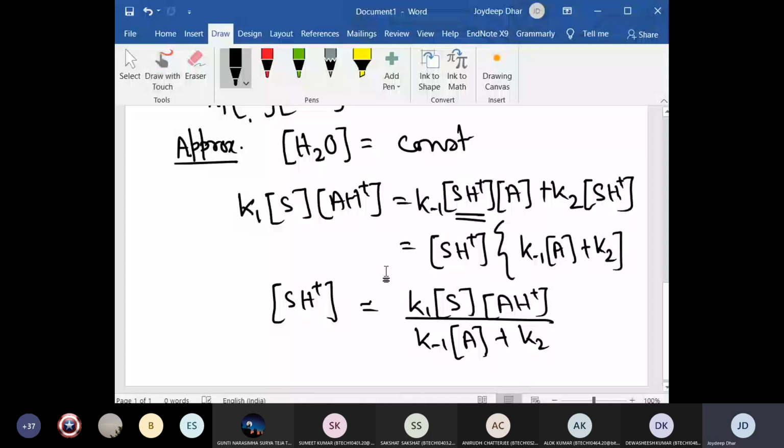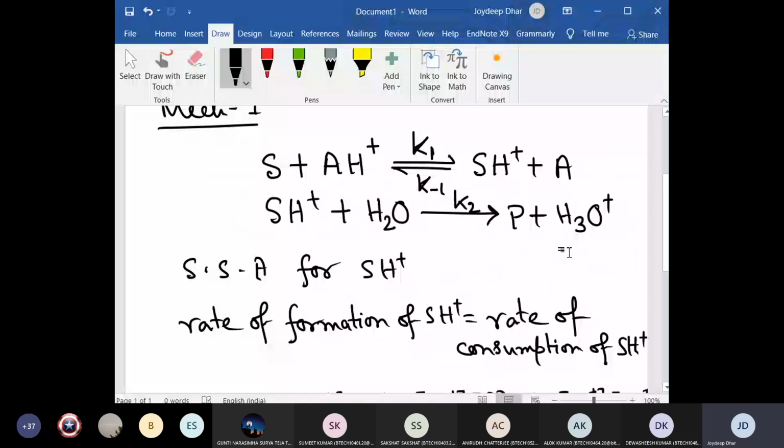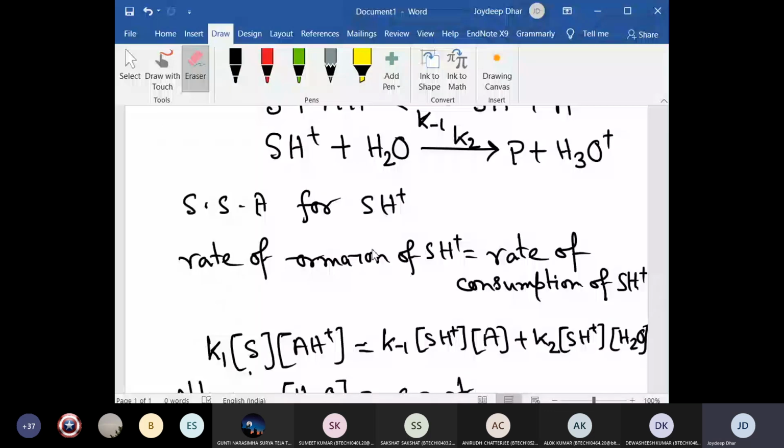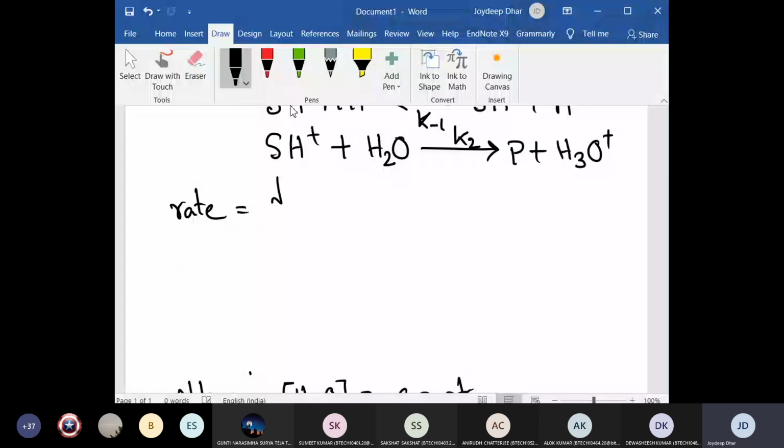According to the mechanism, the rate of product formation is dP/dt, product formation with respect to time, and it is equal to the final step K2 into SH+.